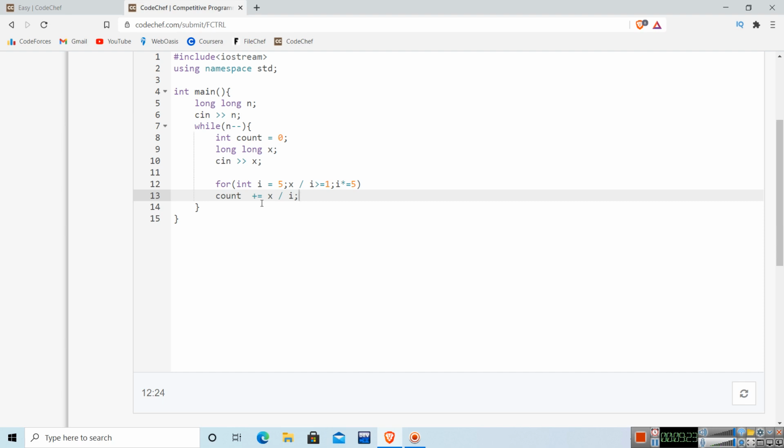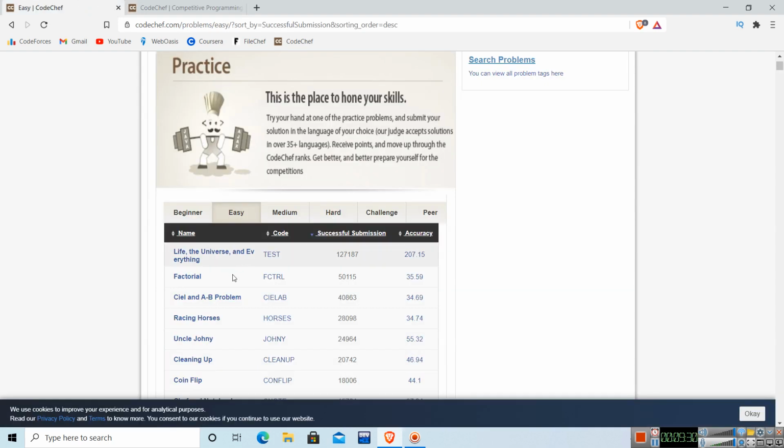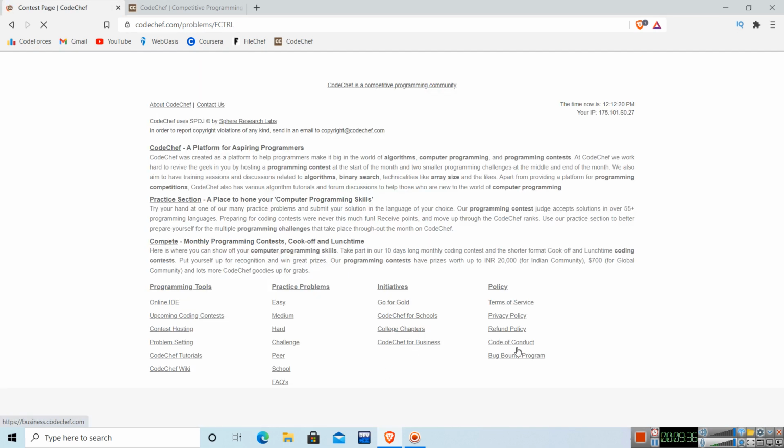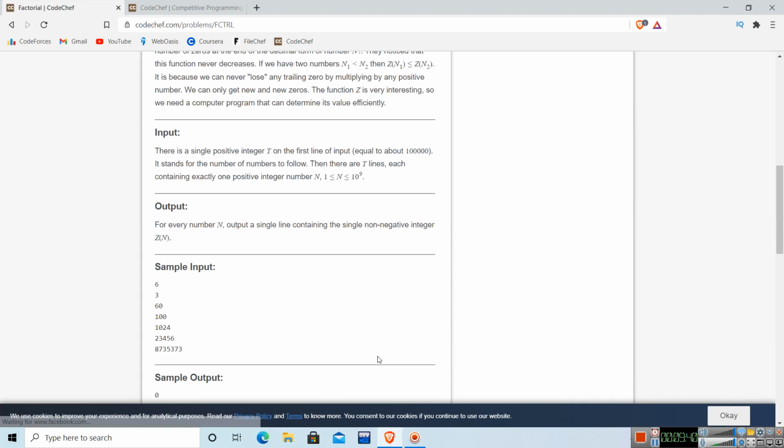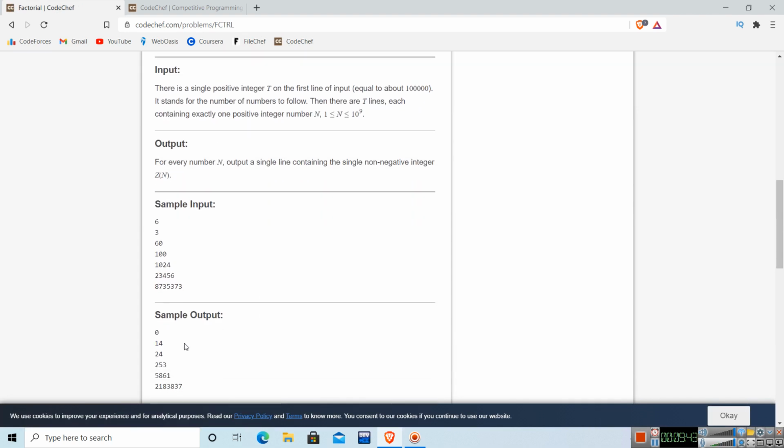So for 100, the output should be 24. Wait, I think we have input and output here. Let's see if my code is correct, my thinking. For 100, yeah, see.